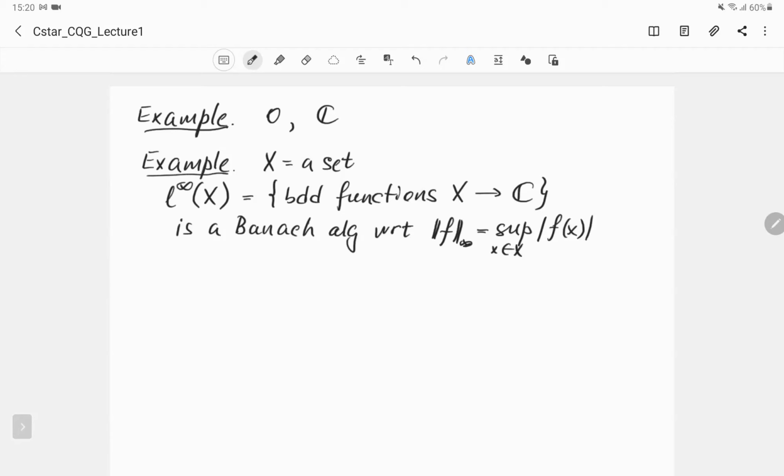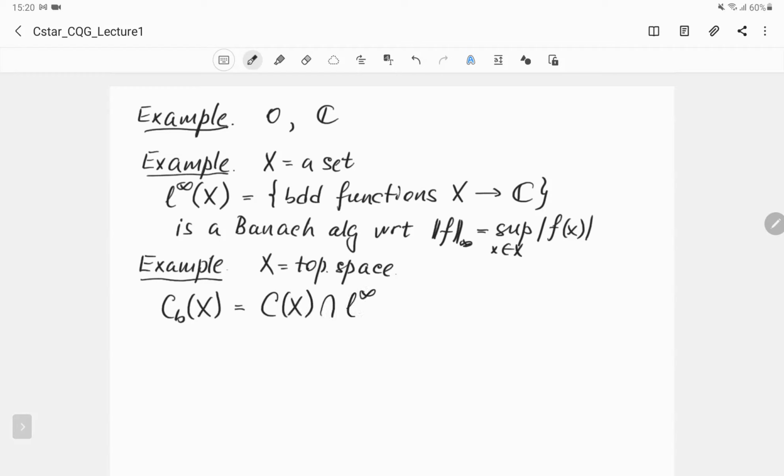Another example. Suppose now that X is a topological space. And we denote by C_b(X) the algebra of continuous bounded functions on X, the algebra of those functions which are continuous and bounded.